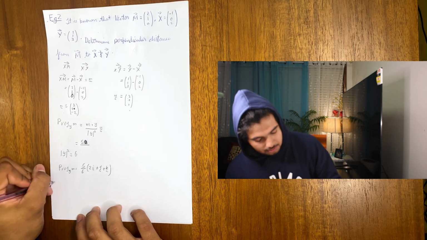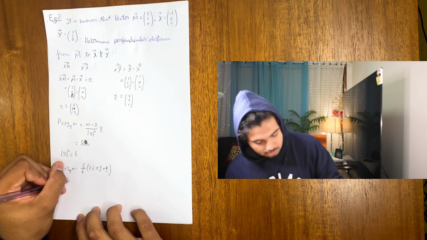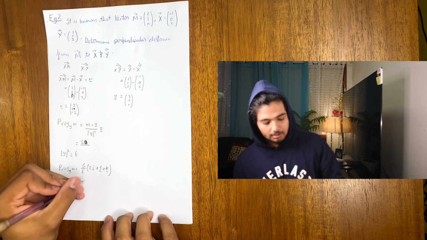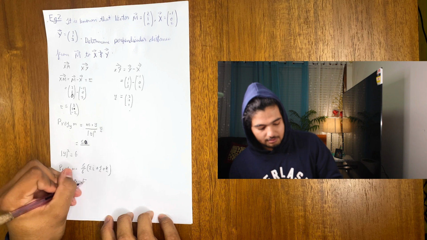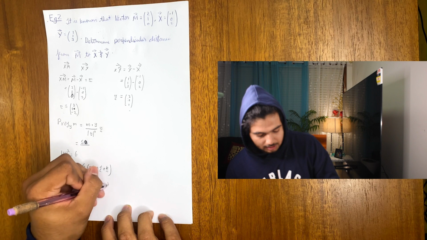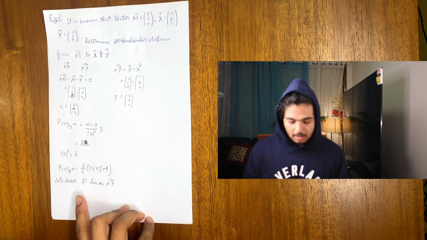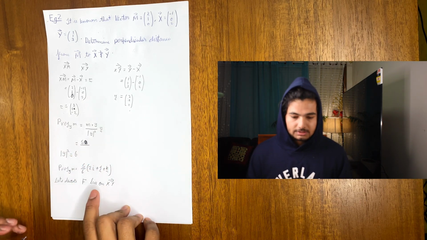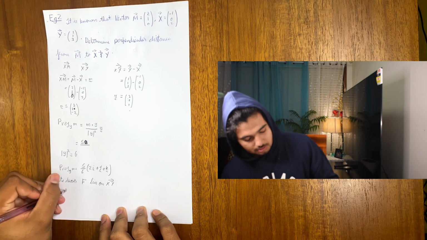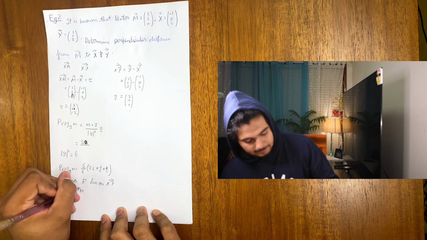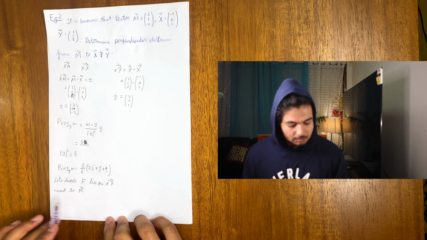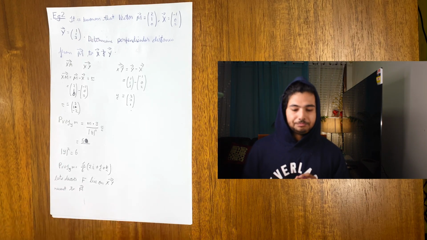Next, let's denote point F. F lies on xy and is nearest to vector m.